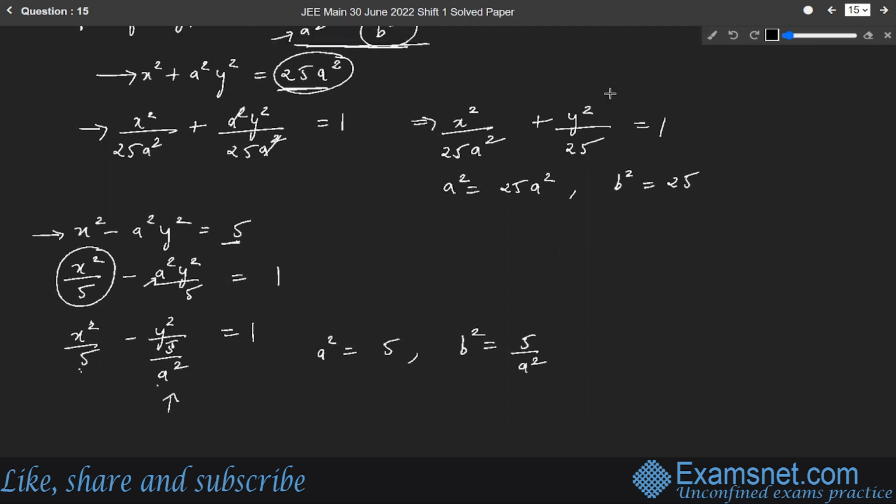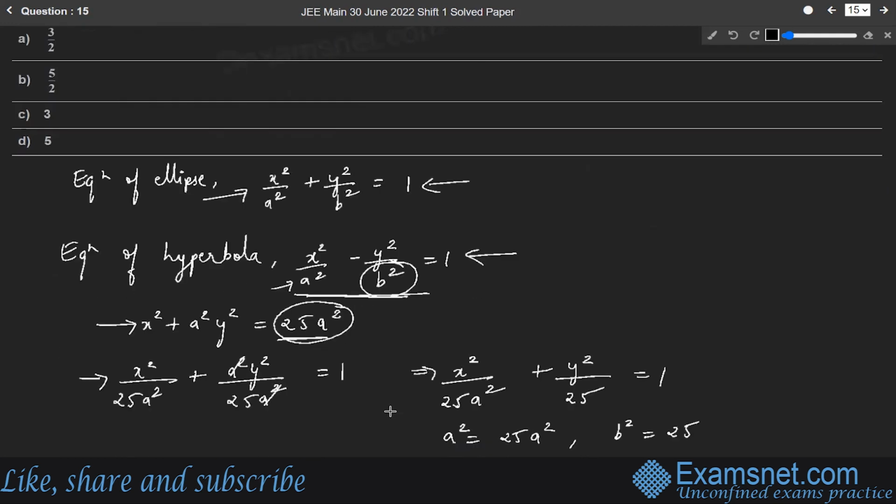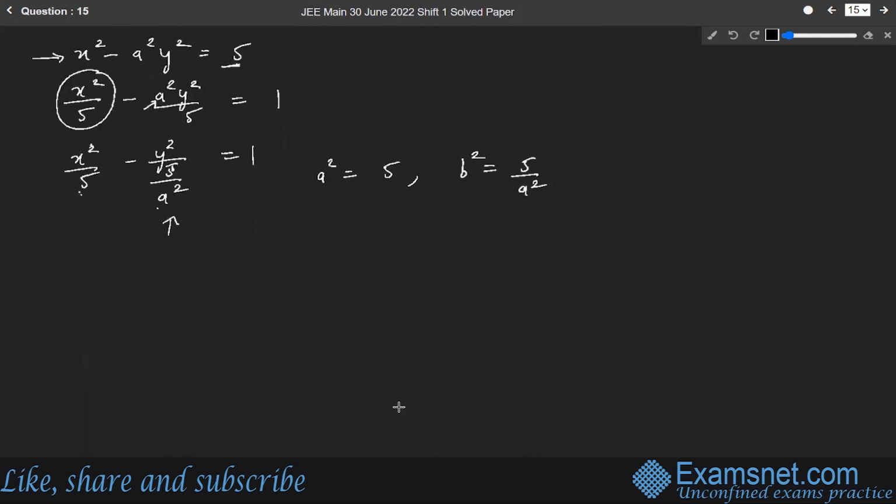It is given that the eccentricity of ellipse is b times the eccentricity of hyperbola. So let us calculate the eccentricity. What is the basic formula to calculate the eccentricity of an ellipse? The eccentricity of ellipse is denoted by e. But now, since we have to find two eccentricities here, so let it be e1.